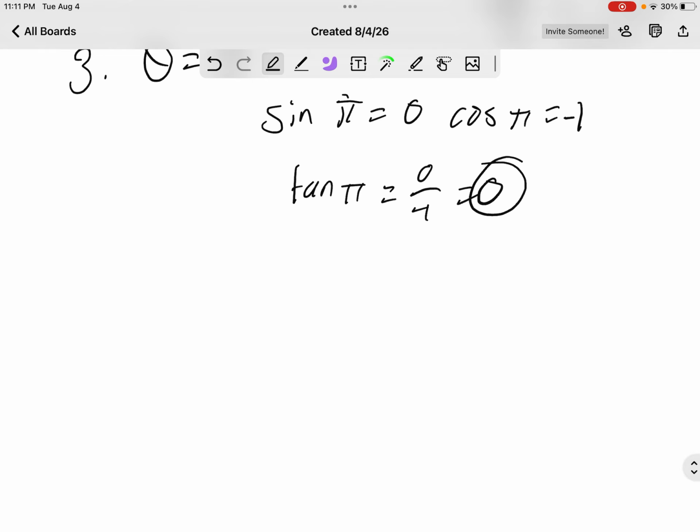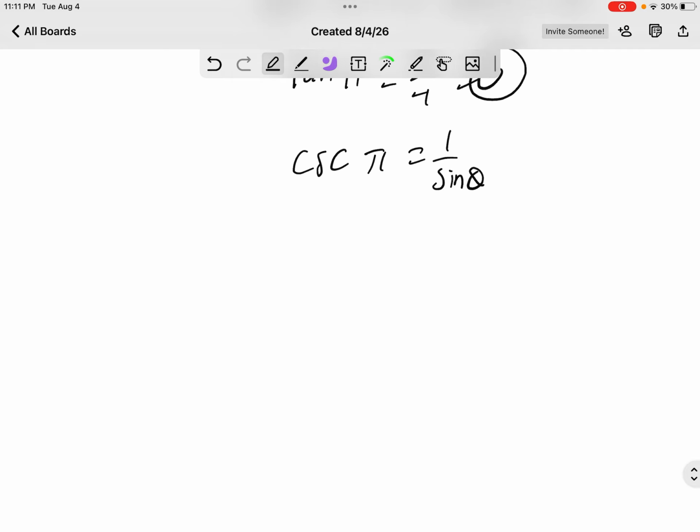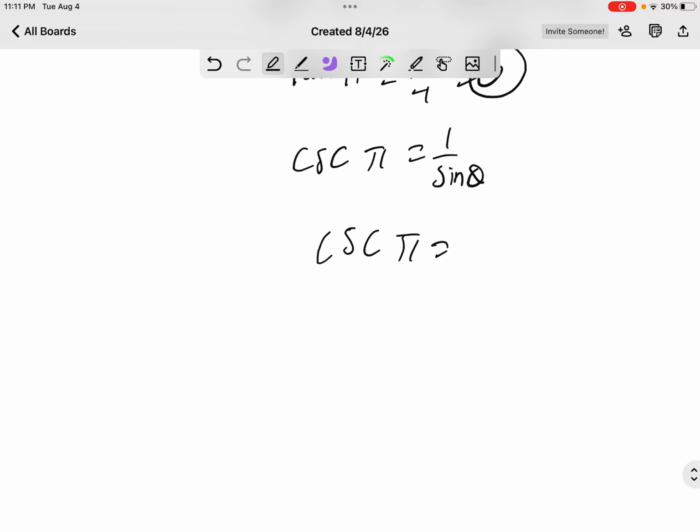Then we'll use the cosecant formula, which is CSC theta equals 1 over sine theta. That means CSC pi equals 1 over 0.